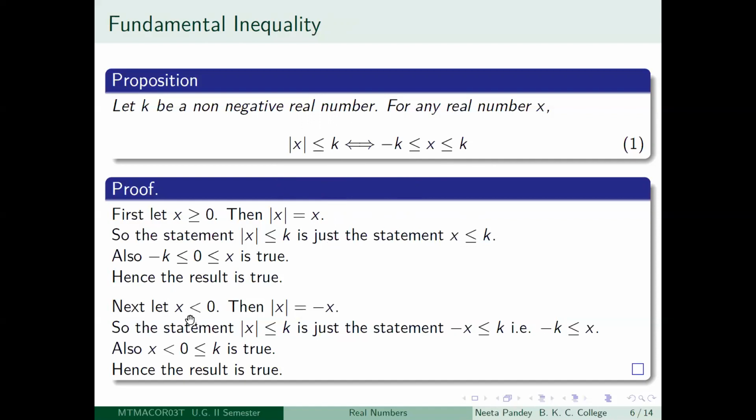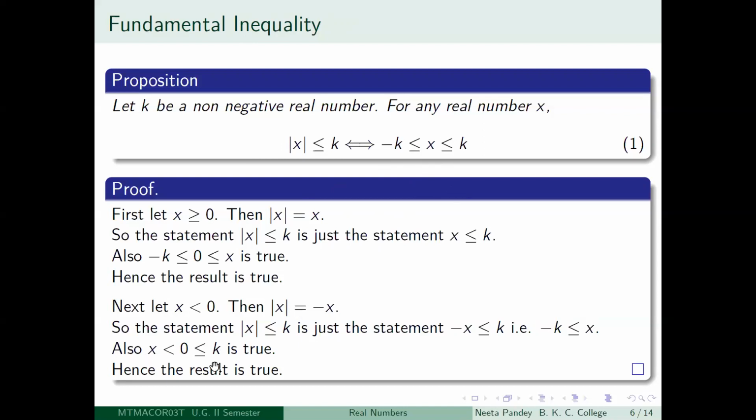Similarly, if you take x less than 0, then mod x is equal to minus x. So the statement mod x less than or equal to k is just the statement minus x less than or equal to k. If you multiply this statement by minus 1, it is equivalent to saying that minus k is less than or equal to x. And also, by staring at the inequalities, you notice that now x is less than 0 and k is greater than or equal to 0.